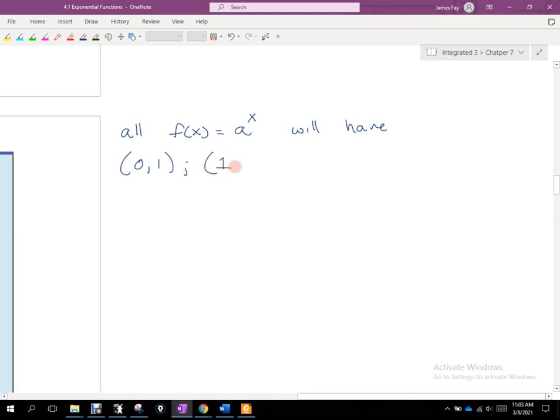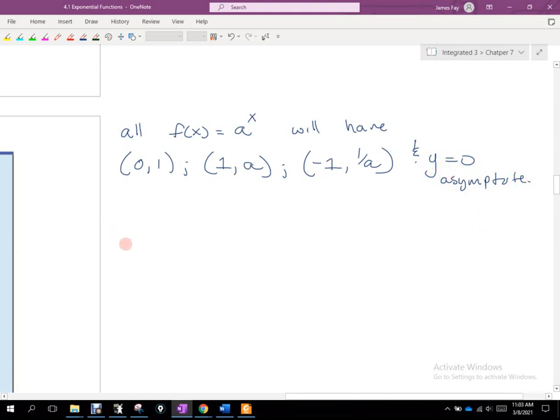They will have (1, a). And they will have (-1, 1 over a). In the equation, y equals 0 will be an asymptote. Okay?